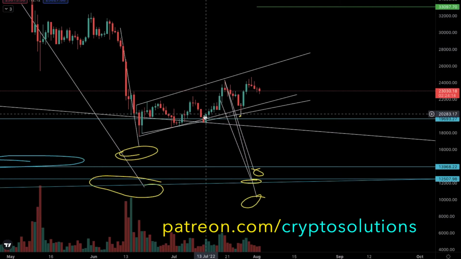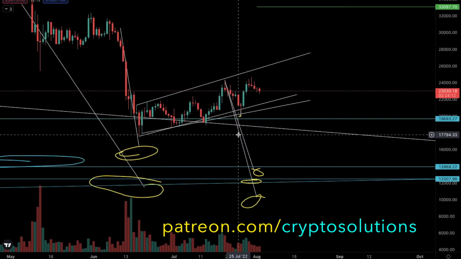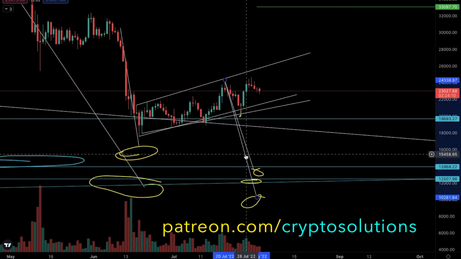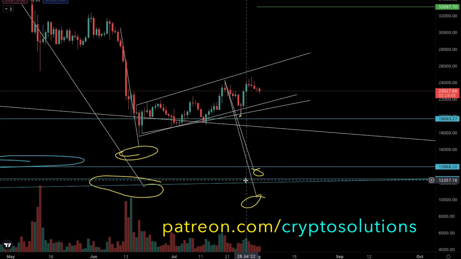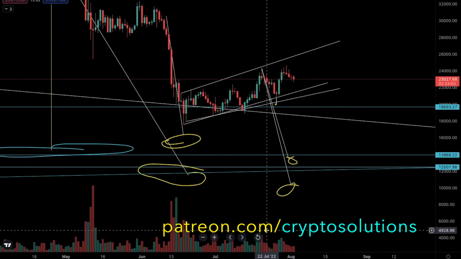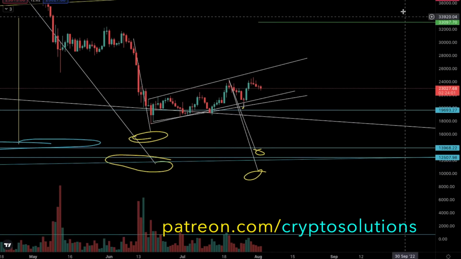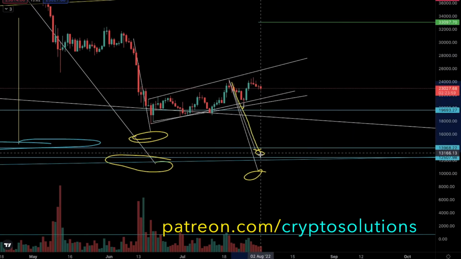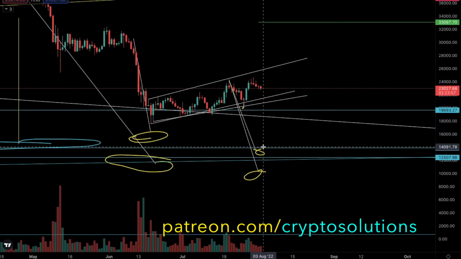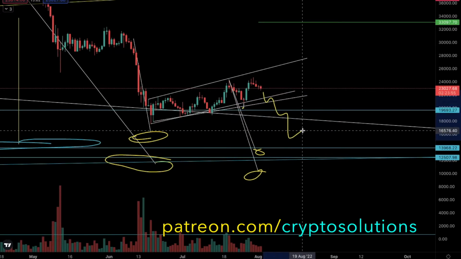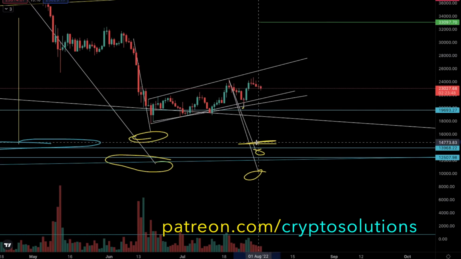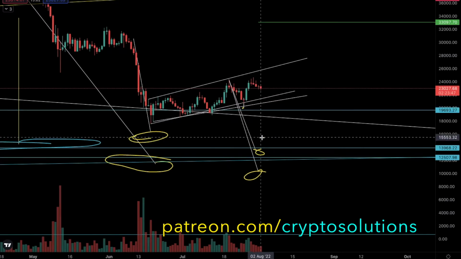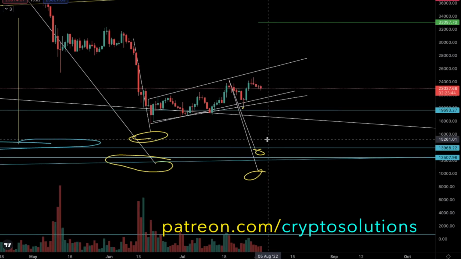So I'm gonna delete some lines over here, this one, this one, okay. For example, right here, let's use this white line. If the price is breaking down like this, and you see that the price is very close to the price target, like here, take profits, because some scenarios can happen.